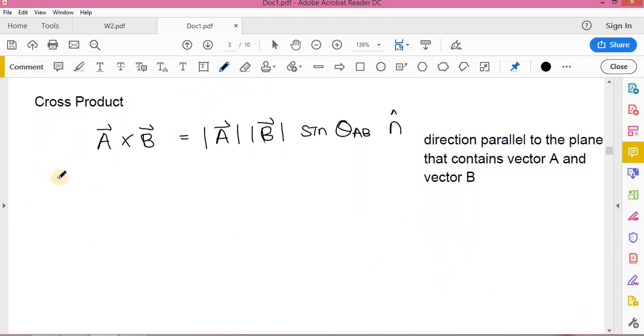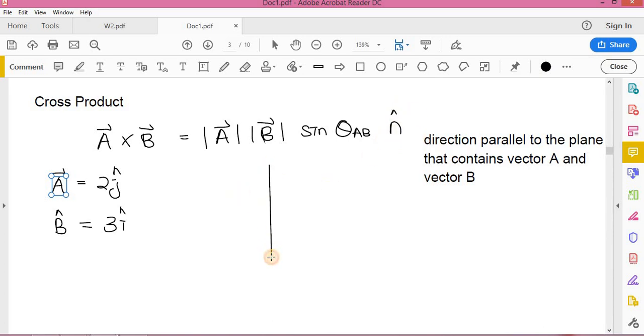So we define A to be 2J and B to be 3I, very simple vectors to show you the meaning of this unit vector n.